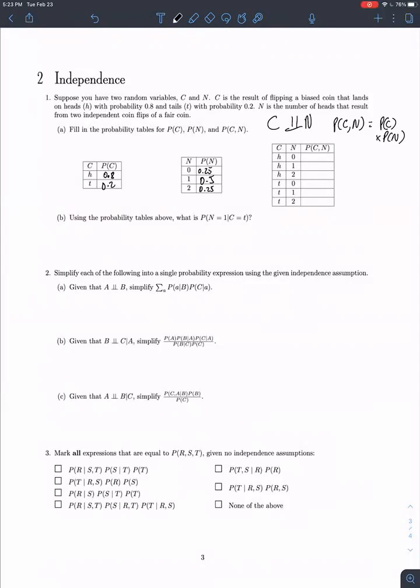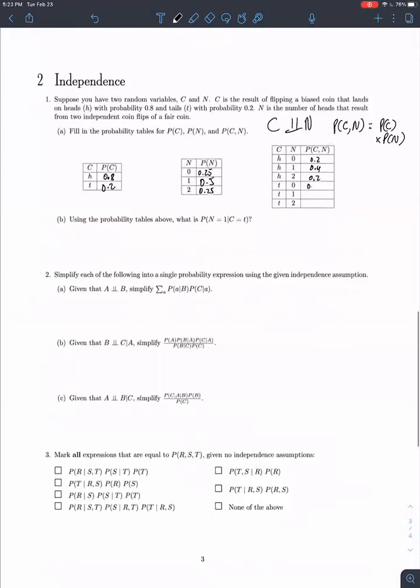So we just calculate things. Probability of H with 0 is 0.8 times 0.25, which is 0.2. H with 1 is 0.8 times 0.5, which is 0.4. H with 2 is 0.8 times 0.25. We already did this, 0.2. Then 0.2 times 0.25 is 0.05. And tails with 2 is the same as tails with 0, because these are the same.